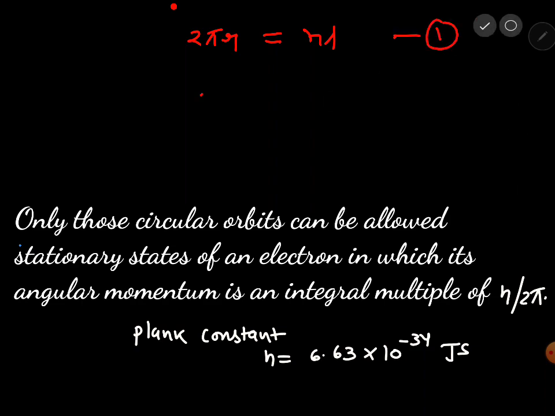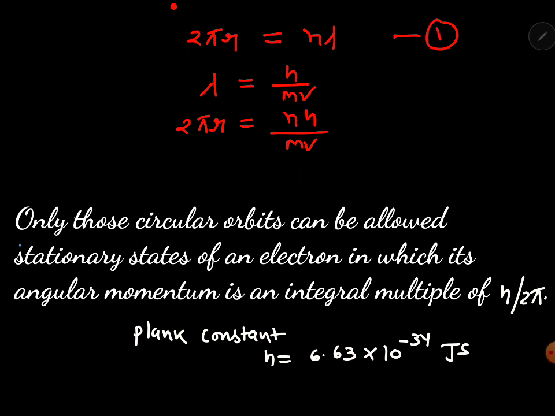We know the formula of de Broglie's wavelength: lambda is equal to h upon mv. Now we can compare them. So 2 pi r can be equal to nh upon mv.